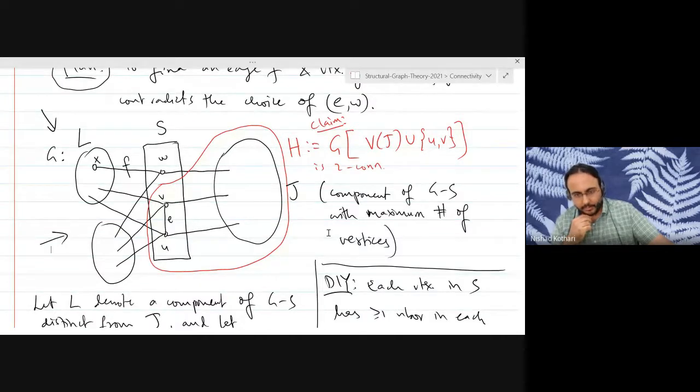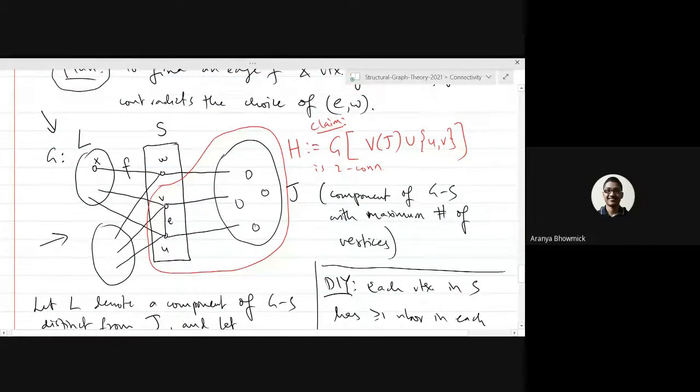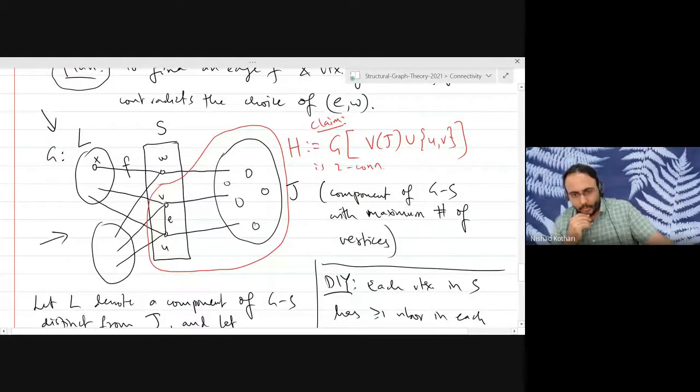You are trying to prove that the graph G minus the set of vertices T has a component that has more vertices than the number of vertices in J. Supposing J has 5 vertices, you are trying to prove that G minus T, where T is equal to WXY, has a component that has more than 5 vertices. Okay, so how will you convince me of that?